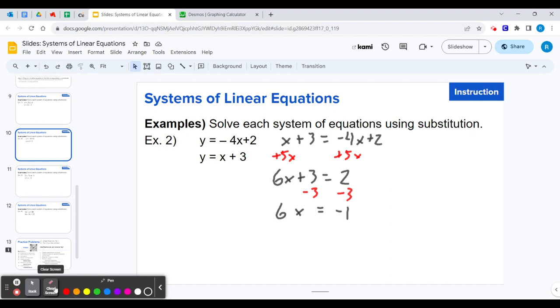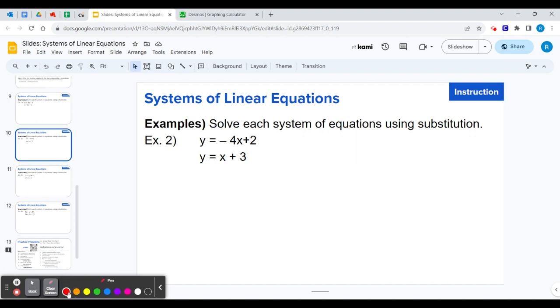And I'm actually noticing as I go through that that's not a super clean example, so let's change this to a 7. Let's do, for example 2, y equals x plus 7. So if we plug that in, we get x plus 7 equals negative 4x plus 2. Okay, we'll add 4x to both sides.